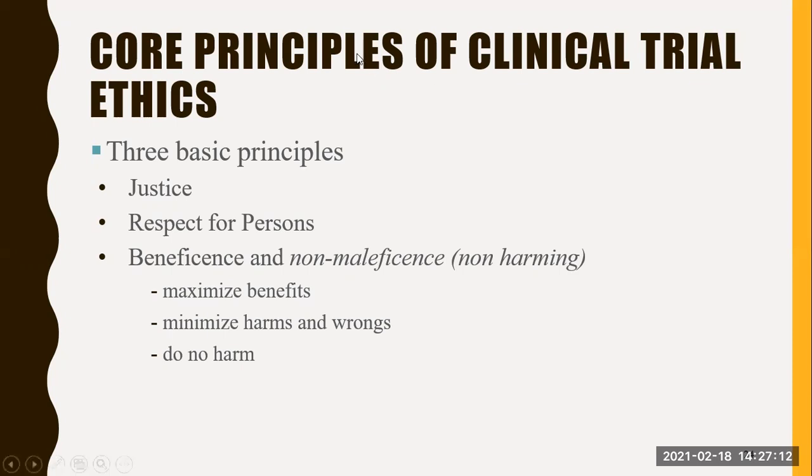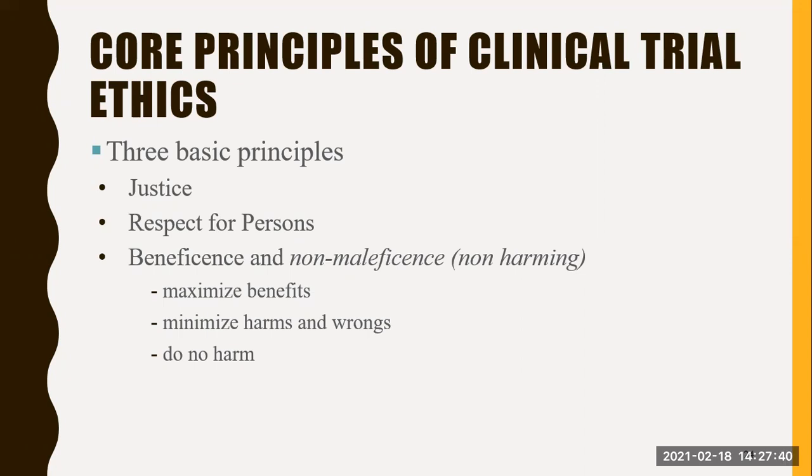So we have started studying the core principles of clinical trial ethics. There are basically three principles involved. First one is justice to the individuals on whom we are carrying out the clinical trials. The next is respect for the person. The third one is beneficence and non-maleficence. Non-maleficence means non-harming. Whatever clinical trials you consider, they should not deliberately harm the person.